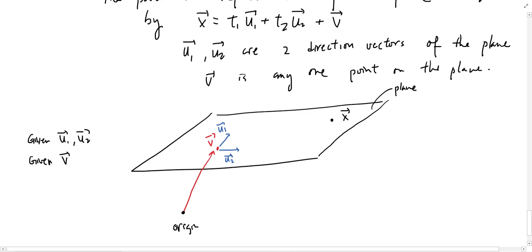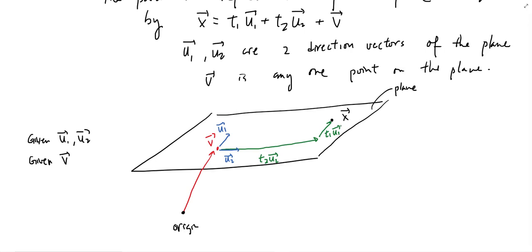Well, the problem is these two vectors might not be long enough for me to get to x. So what do I do? Well, simple. We multiply u2 by some scalar t2 to stretch out the direction vector. Then we do the same thing with u1 by multiplying u1 by some scalar t1 to give it the right length.